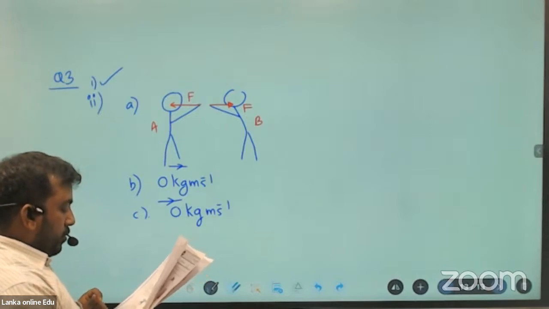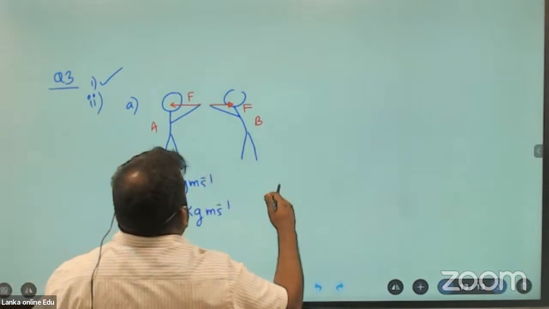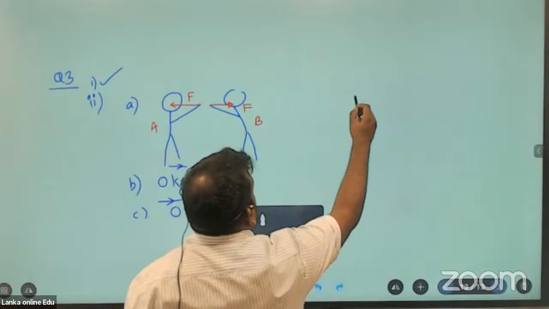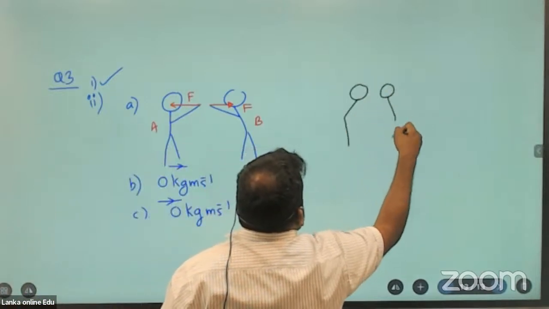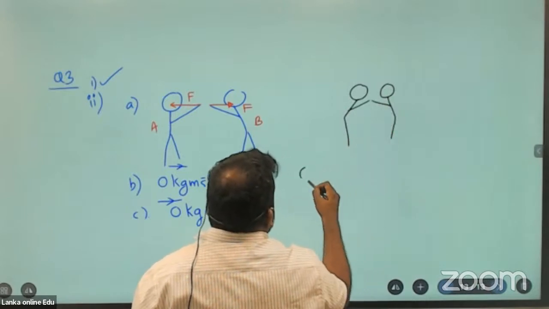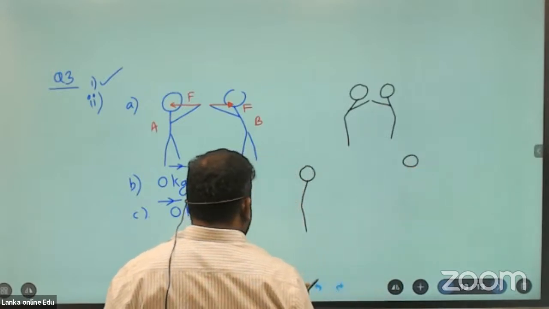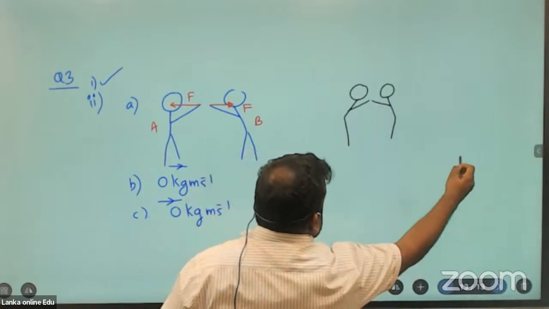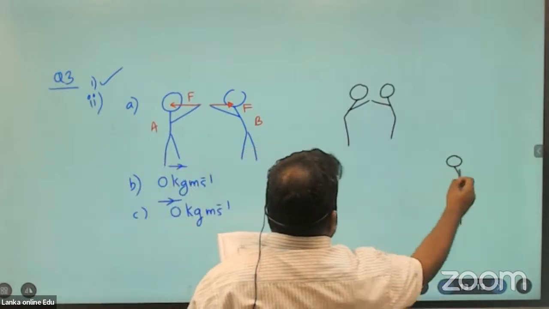What is the distance moved by B when A has moved 3 meters? So when they push on each other, earlier they were very close. Now they are pushing on each other. A has gone here. A is somewhere here, B is somewhere there.